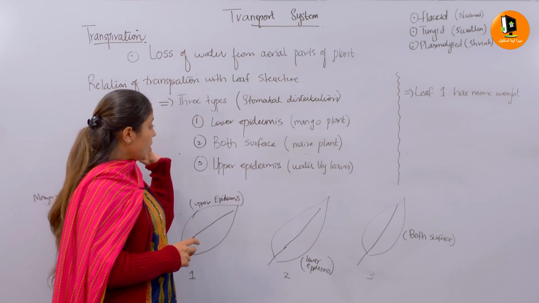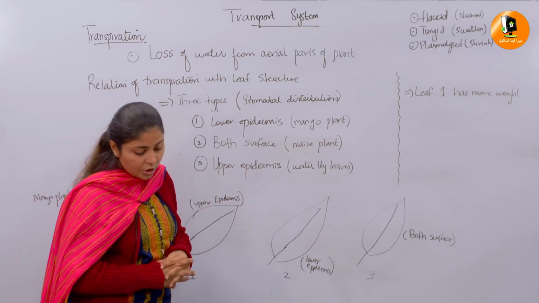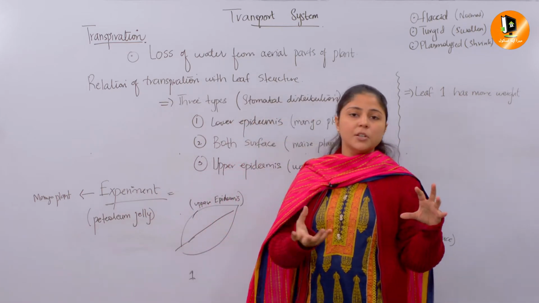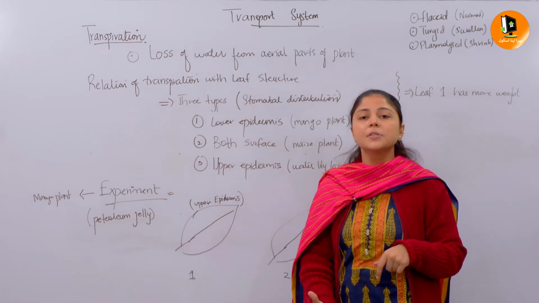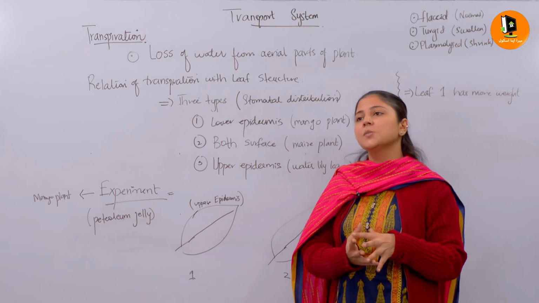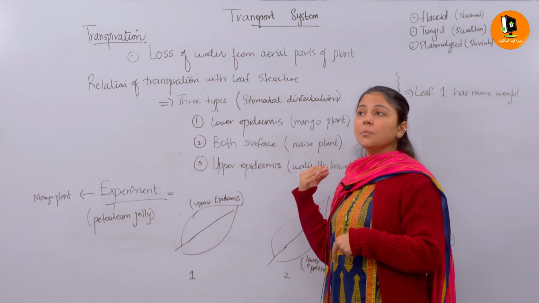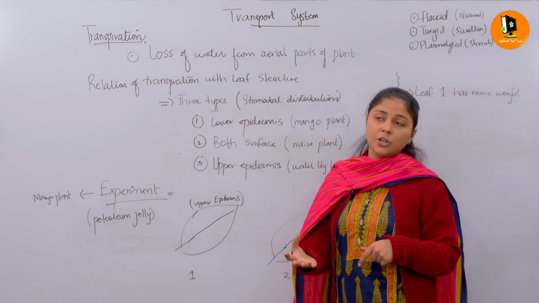As I discussed in the previous video as well, transpiration is one very important process in the transport system in plants. Before that, we discussed active transport and passive transport.